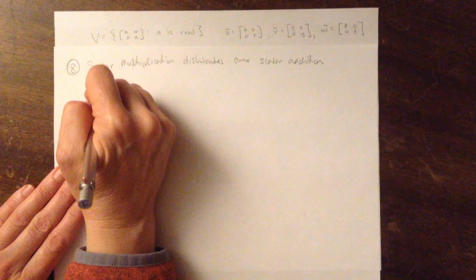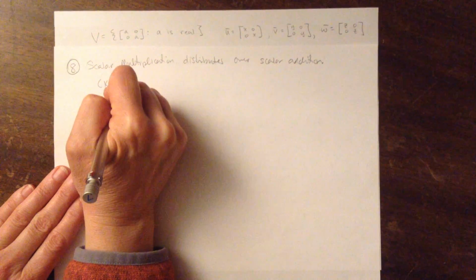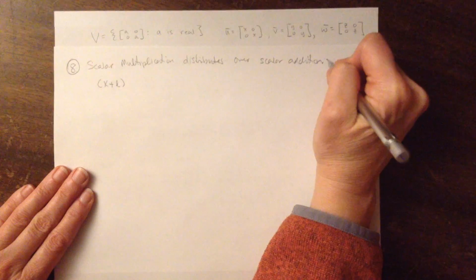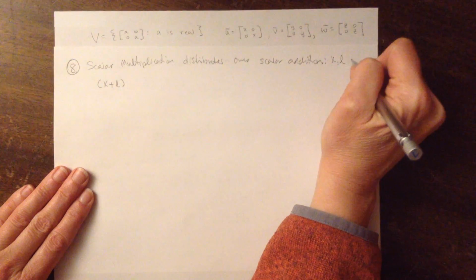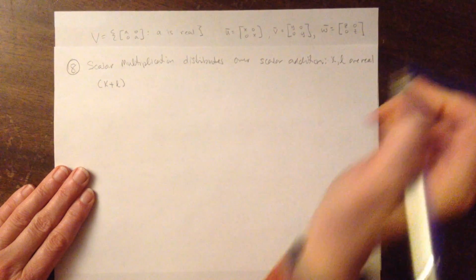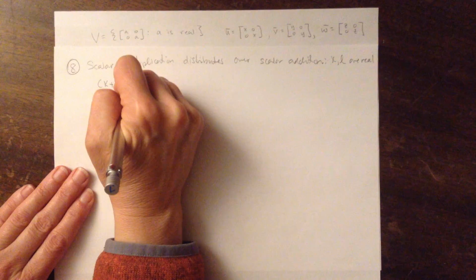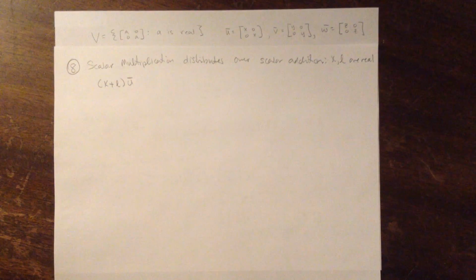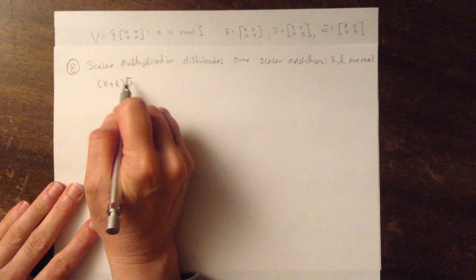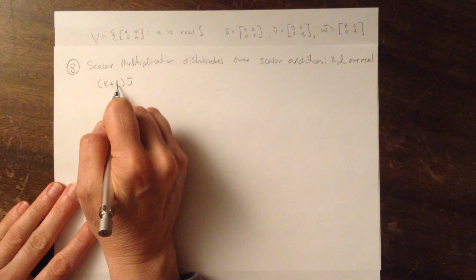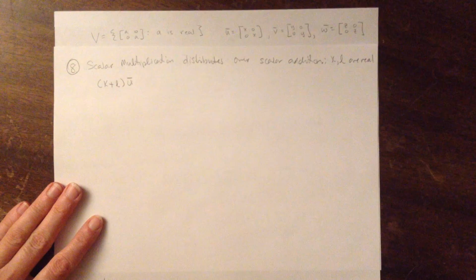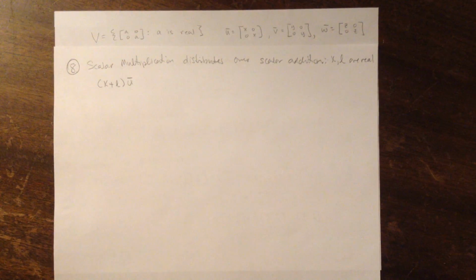But basically here, if you have 2 scalars, k plus l, so we say k and l are real. If we have k plus l, so 2 scalars, and you add those 2 scalars together and then multiply by the vector, that should be the same thing as multiplying k times u plus l times u. And so the previous axiom, we had 2 vectors that were added together multiplied by 1 scalar.